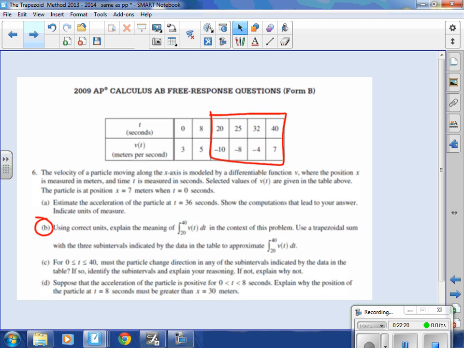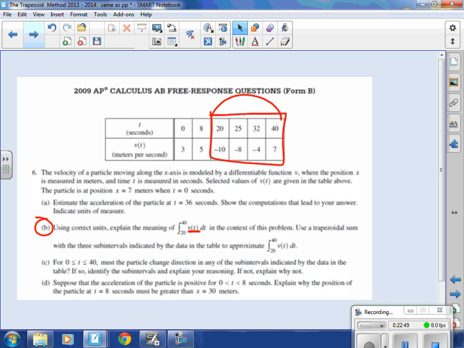The integral of the rate of change of f yields net change in f. This is the rate of change of position. The integral of the rate of change of position would yield net change in position. Net change in position's term is displacement. So using the correct units, what do we have? A displacement of so many units measured in meters over this 20-second time interval.